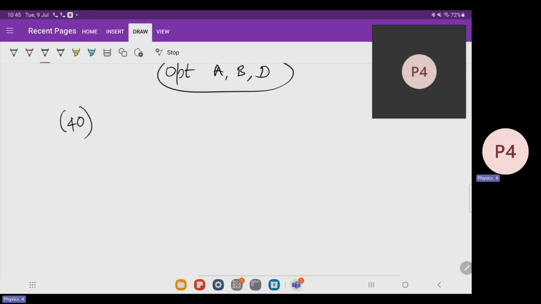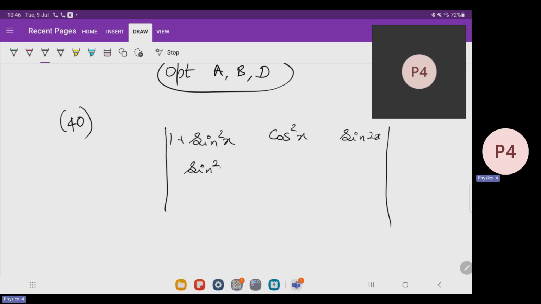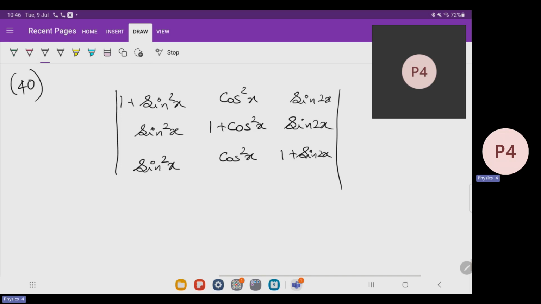If the maximum and minimum value of the determinant 1 plus sine square x, cos square x, sine 2x; sine square x, 1 plus cos square x, sine 2x; sine square x, cos square x, 1 plus sine 2x. Now the maximum and minimum value of this determinant is alpha and beta.